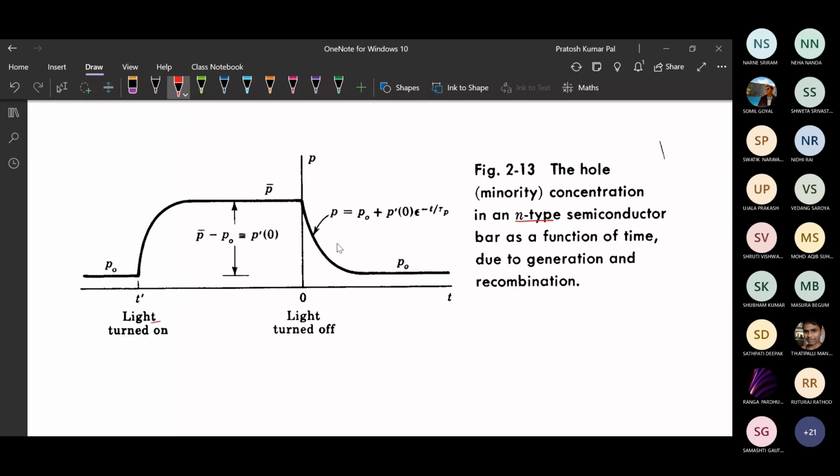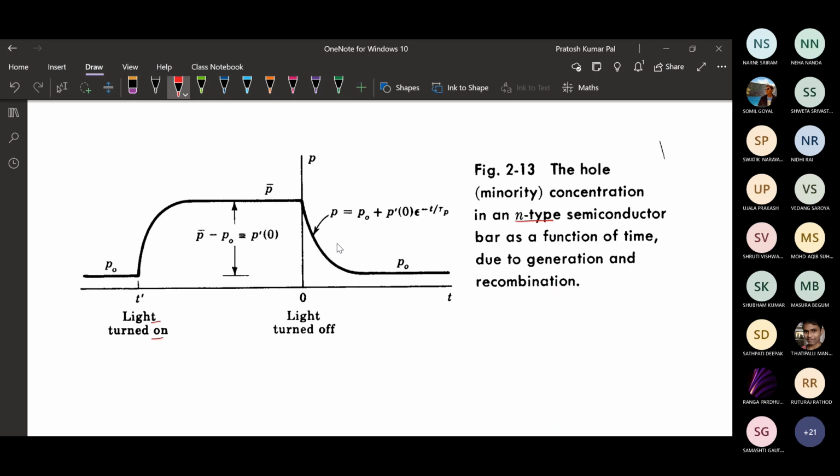Okay, that means we are providing the thermal energy. So once we are providing thermal energy, there will be an increase in electron and hole pairs. That means generation of electron hole pairs is going to take place. So electron hole pair generation will increase. Suppose here in the case only the holes are being considered. So here the initial concentration was p naught, and now after turning on the light, it has reached the concentration p dash.